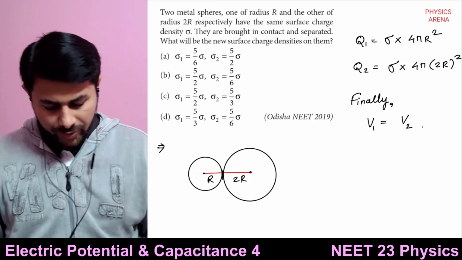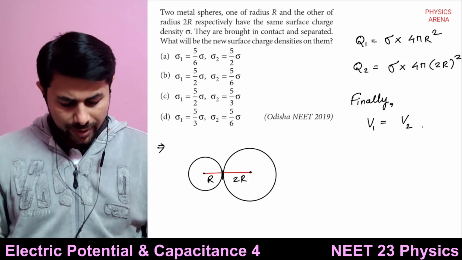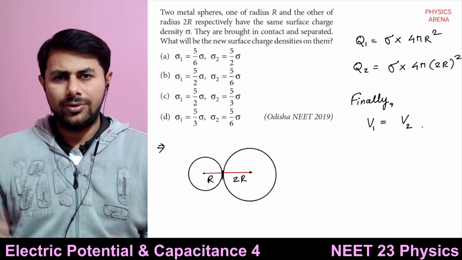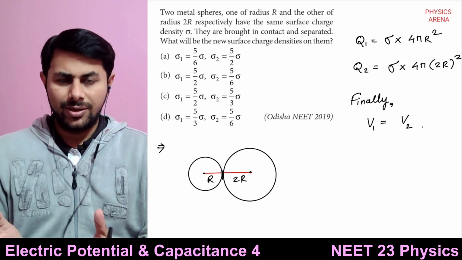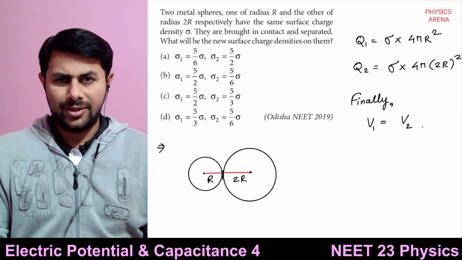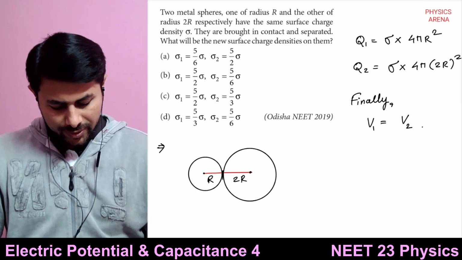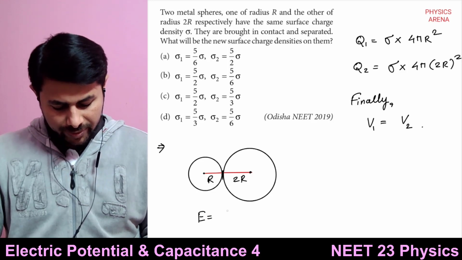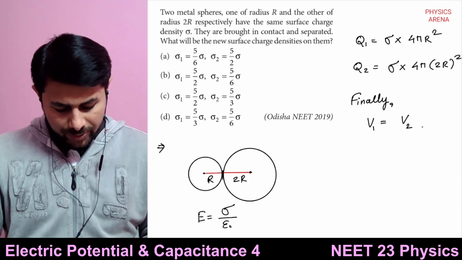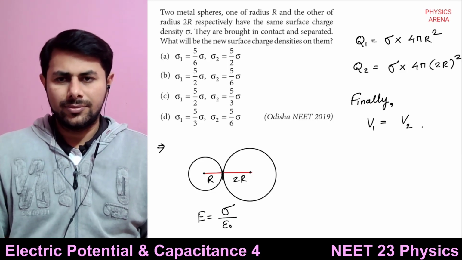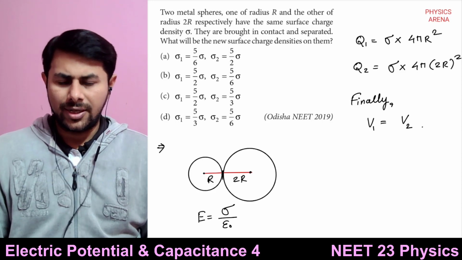But what we can do is, we know that the electric field due to a charged sphere on the surface of sphere, it is given by this formula. So electric field is given by sigma upon epsilon naught. Right?